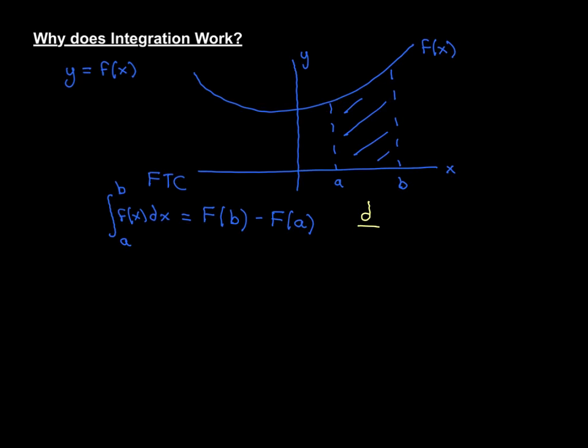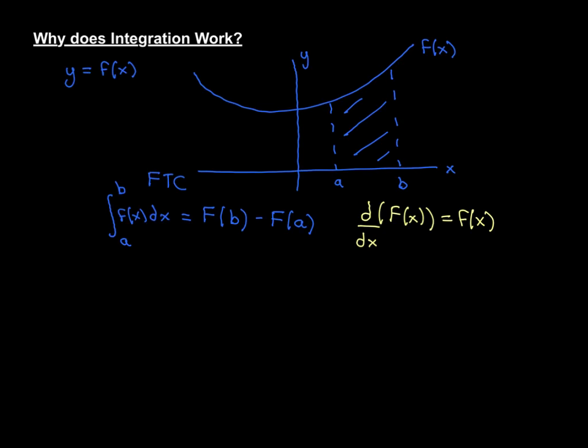So you want to find a function capital F of x such that if you differentiate it with respect to x, you end up with our little function f of x, and that is anti-differentiation. So I'm assuming obviously that you understand what differentiation is, and that you can now look for a function capital F of x such that when you differentiate it, you get your original function.